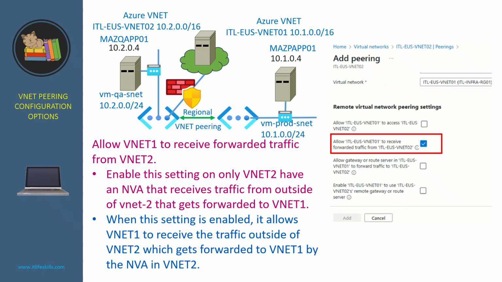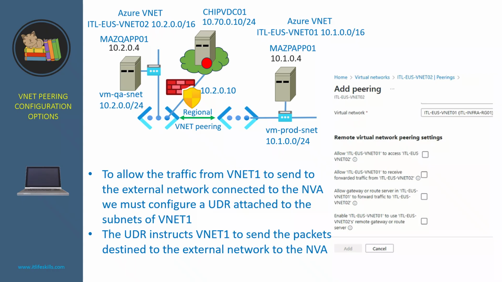When this setting is enabled, it allows VNet1 to receive the traffic from outside of VNet2, which gets forwarded to VNet1 by the NVA in VNet2. So this option is to control the traffic from an external network connected to the NVA in VNet2 to send to a destination in VNet1.